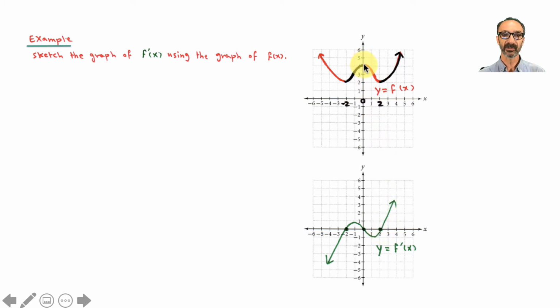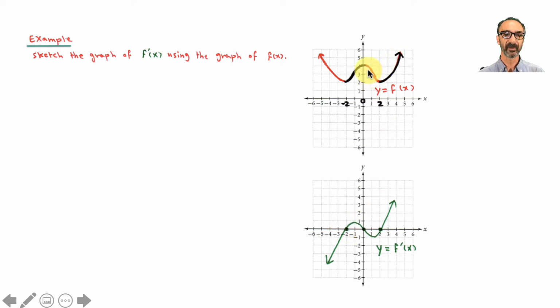I'm also going to cross the x-axis when x is 0, and when x equals -2. So we have horizontal tangents at -2, at 0, and at 2. I'm crossing the x-axis at these 3 points.